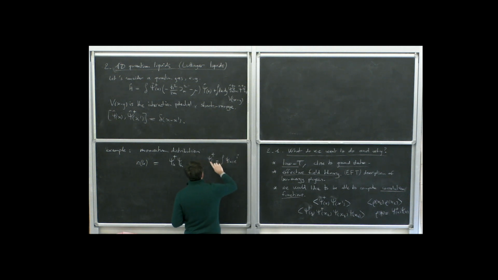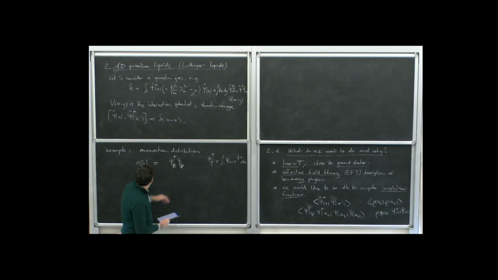Let me call it p, because there's something else that's going to be called k, to avoid confusion. This is the Fourier mode of psi, which I think created some confusion in the previous lecture. It's just the Fourier mode of the field operator.